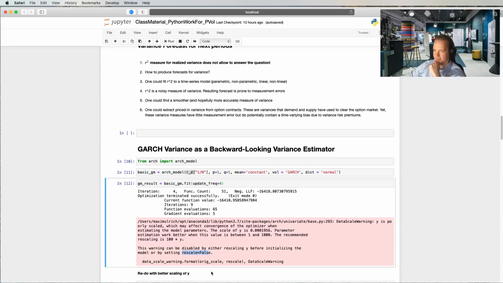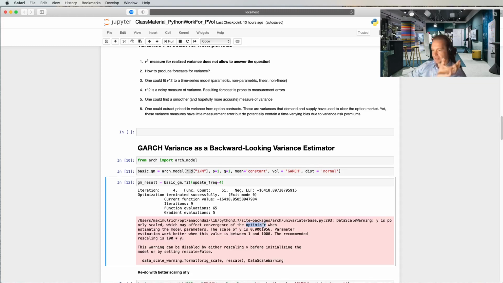Okay, so what we learned from that is some warnings are useful. The usefulness comes from understanding that the optimizer has a convergence criterion, and the convergence criterion is met pretty easily if the y is so small.